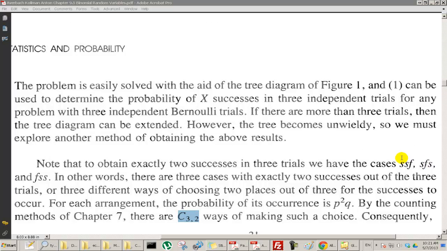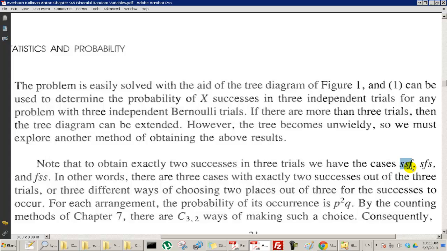We can say that there are 3 tosses, so there are 3 spots to choose from, and we want to choose 2 of those spots to put successes. So we want to know how many different ways can we choose from the 3 spots, from the 3 slots here. There's 1, 2, 3 slots.